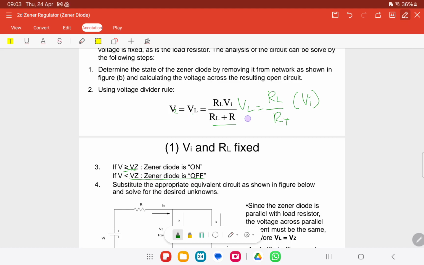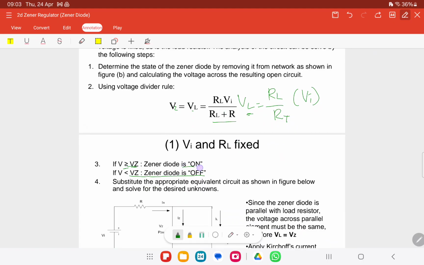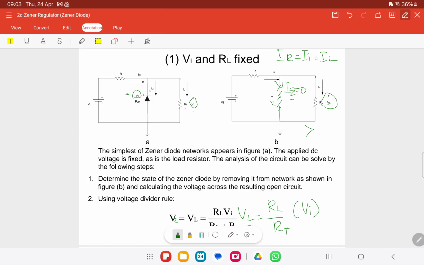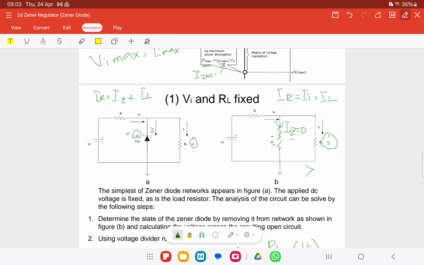When you calculate VL and it is bigger than the given VZ, let's say you calculate VL and get 12, VZ is 10, so we conclude the diode is on. When the diode is on, we have the value of IZ, so IR equals IZ plus IL. So we can proceed to calculate the value of IZ. Earlier, IZ did not need to be calculated because it is 0.